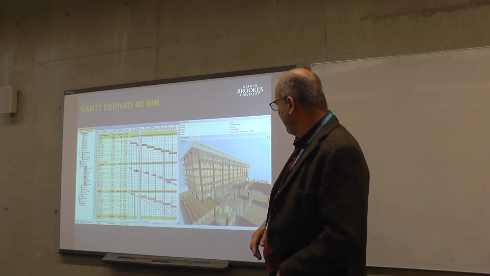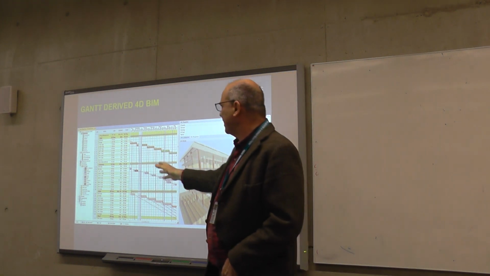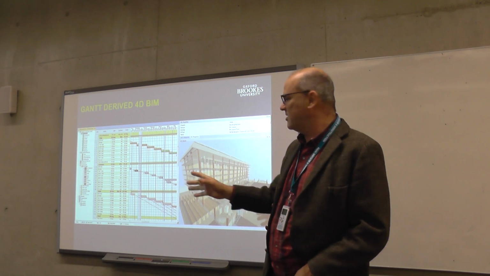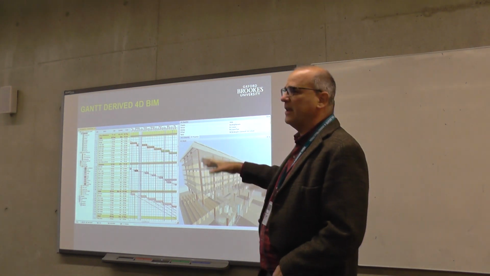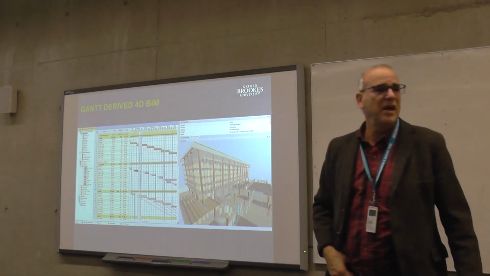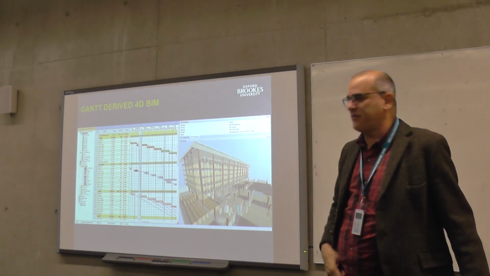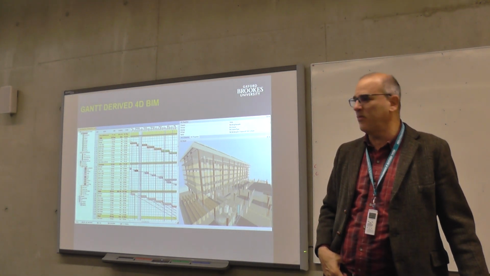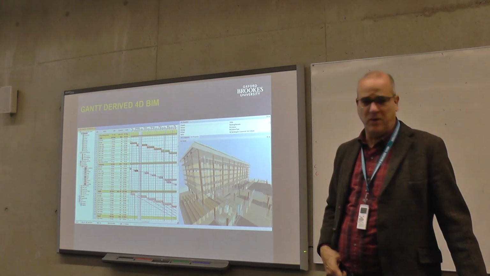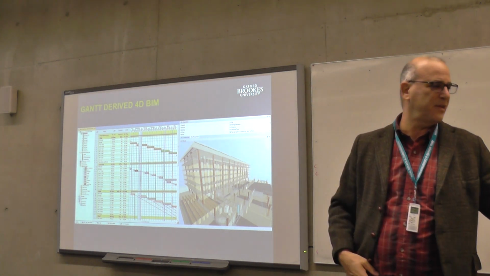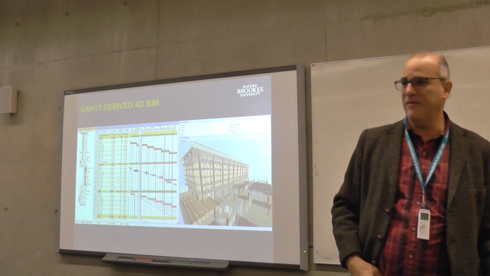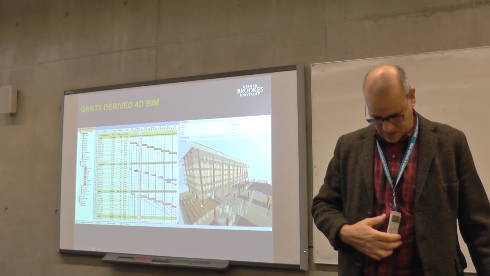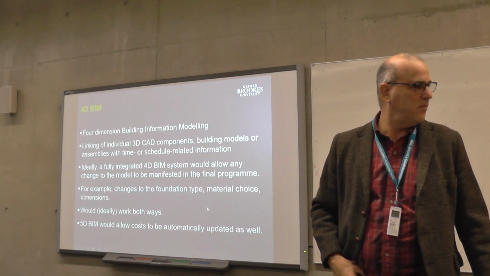And as you work through this, this is actually an animation, you can see the different elements of the building. So it's a great aid in the constructability or the phasing, the design, and a great tool for management. So this is the dream of the 4D BIM world, right?